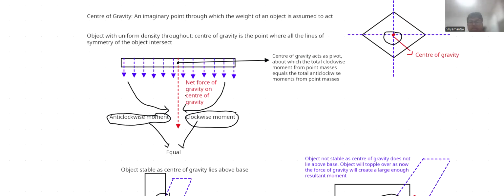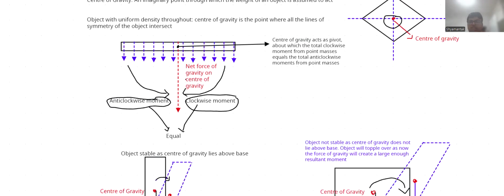So the rod is at rest. And if you consider that point as pivot and all the force of gravity to act from that point, then you are basically doing a vector summation of all the forces of gravity on the point masses, and therefore you get a much larger net force of gravity acting from the center of gravity.